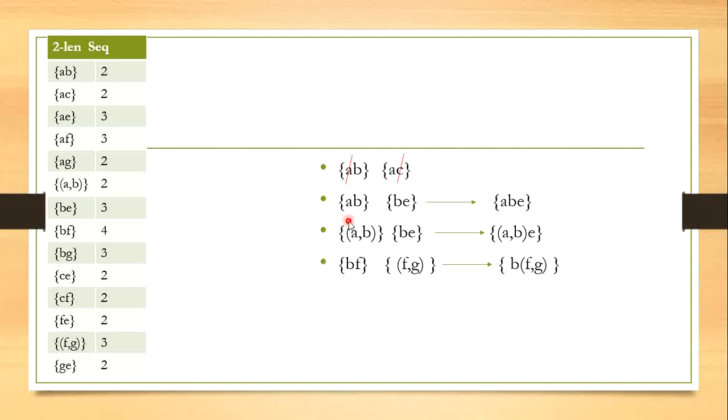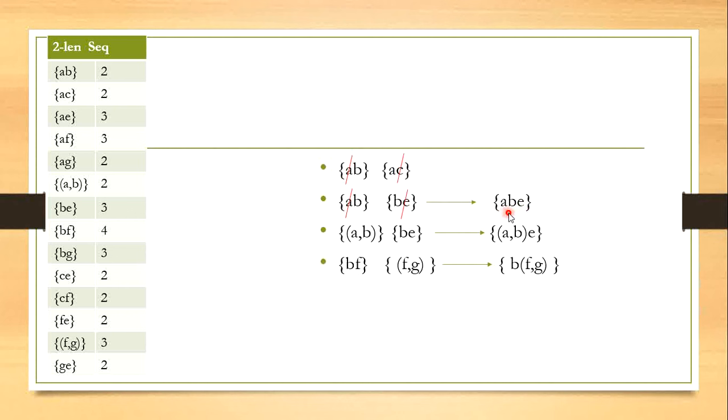If you see this next example, AB and BE. Here let us remove the first item in S1 and the last item in S2. If you see the subsequence obtained after removals, S1 contains B and S2 contains B, which is exactly equal. So we can join this. These two sequences are eligible to join. So we can join this as ABE. Now here E is joined as a separate transaction.